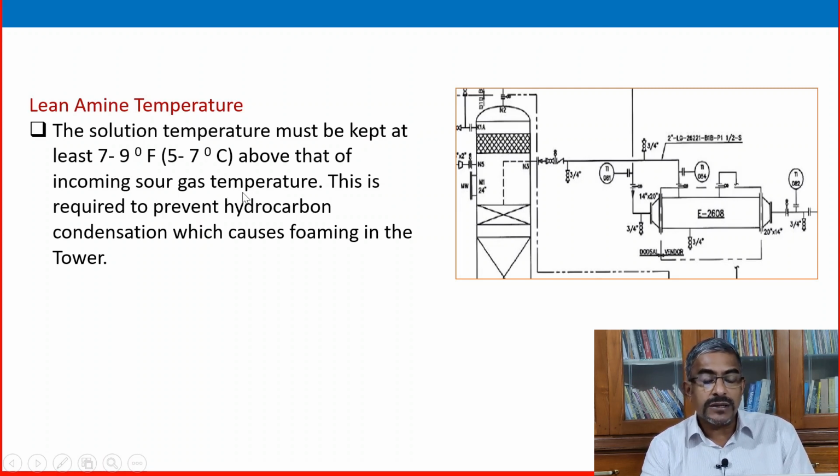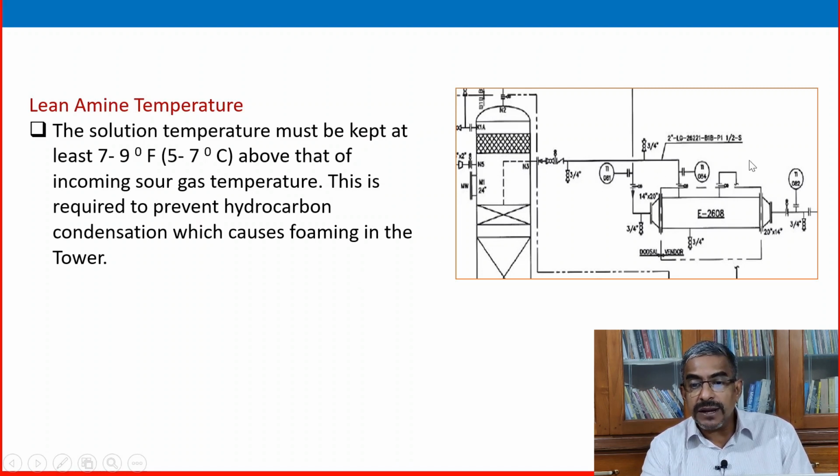Whatever the incoming sour gas temperature is, the solution temperature should be just higher than that, by nearly 7 degrees. This is required to prevent hydrocarbon condensation, which causes foaming in the tower. Otherwise hydrocarbon will condense on each tray or in the packing section, and it will cause foaming in the tower. That is very important.